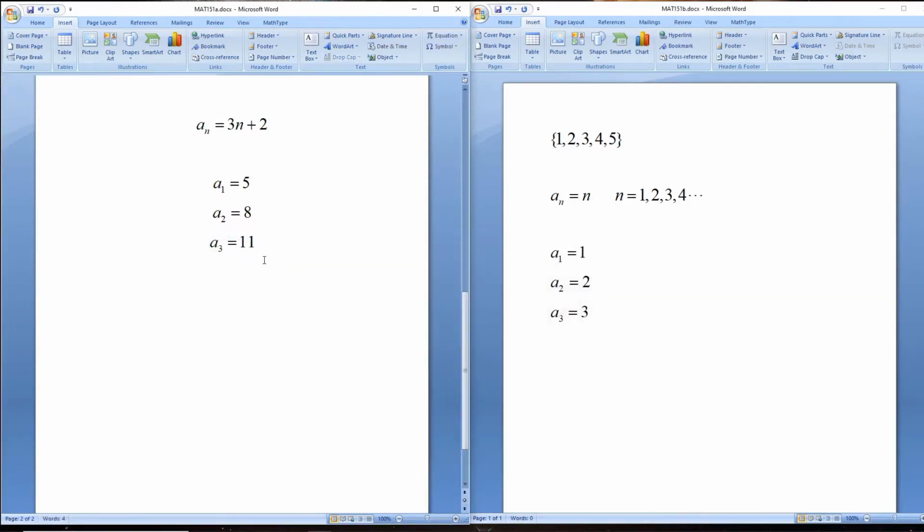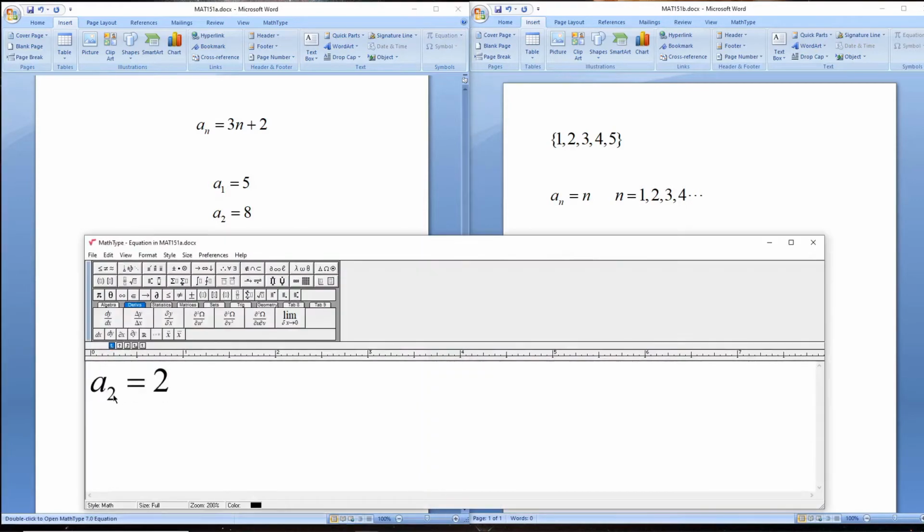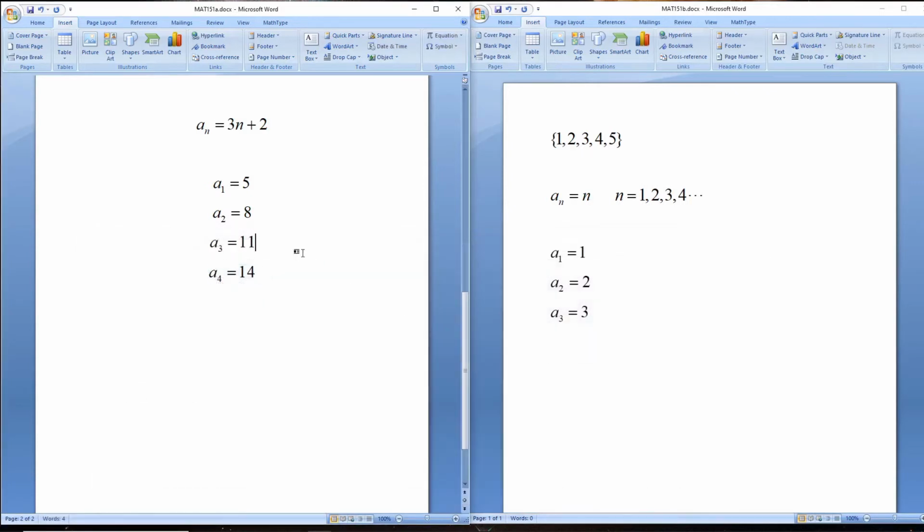And then finally, since they're telling us to only do 4, because we could go on forever with this, we'll plug in a 4 here. 4 times 3 is 12, plus 2 to get us 14. And there we've done it. We've listed the first 4 numbers of this sequence.